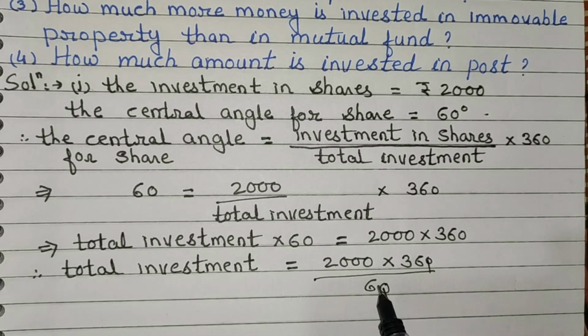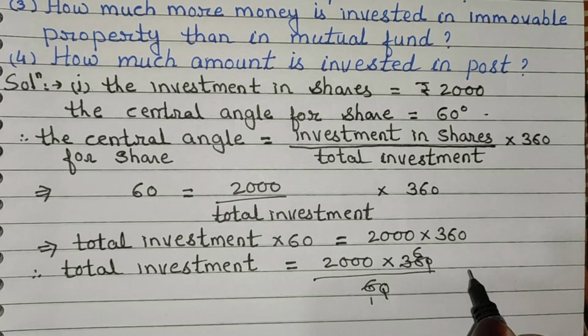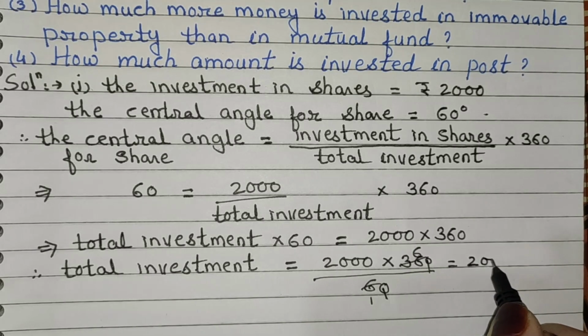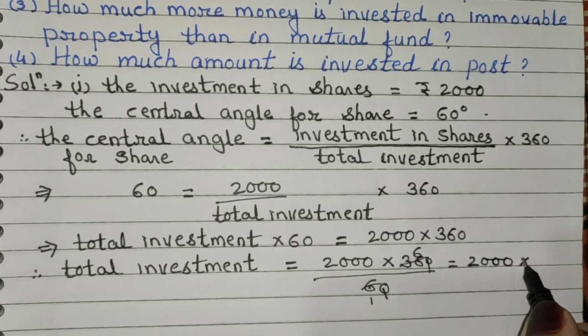Now 0 0 cancel, 6 ones are 6, 6 sixes are 36. Now we get 2000 into 6.